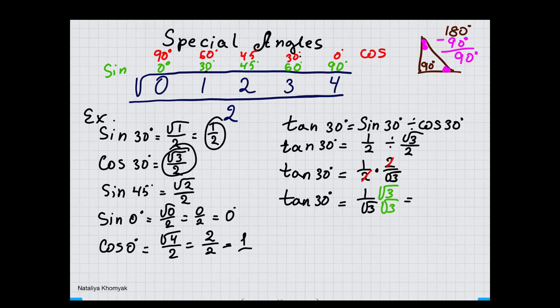This will give us 1 times radical 3 out of radical 3 to the second power, or 3. The square root and the second power cancel, and we have tangent of 30 degrees equals radical 3 out of 3.